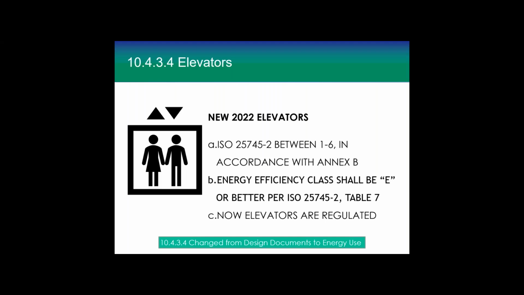So it supposedly got someone picking these elevators by the 2019 code familiar with the tables. Now, what we did in 2022 was we made an actual requirement, and the requirement is the energy efficiency class shall be E or better per table 7.